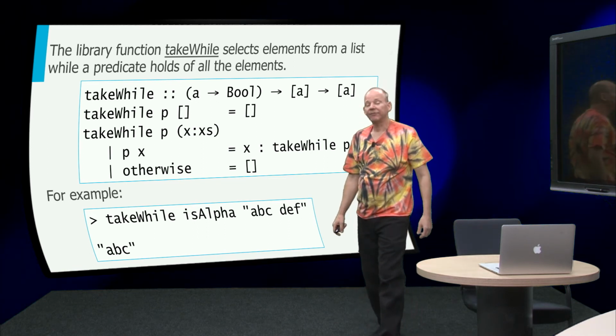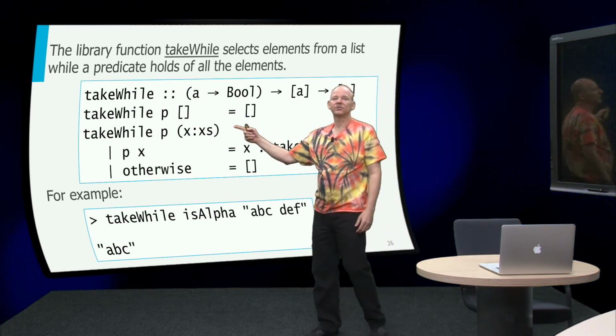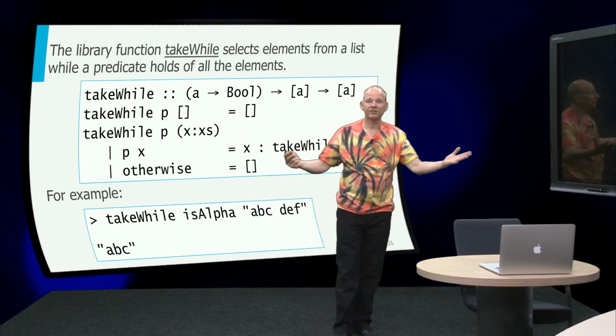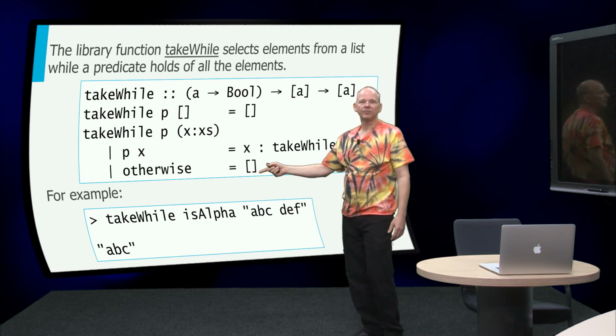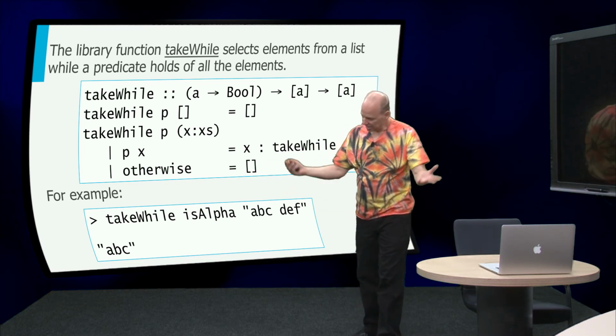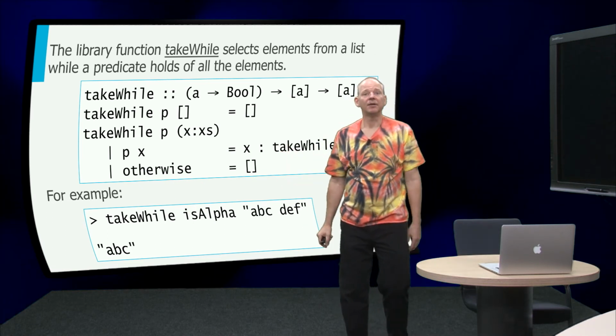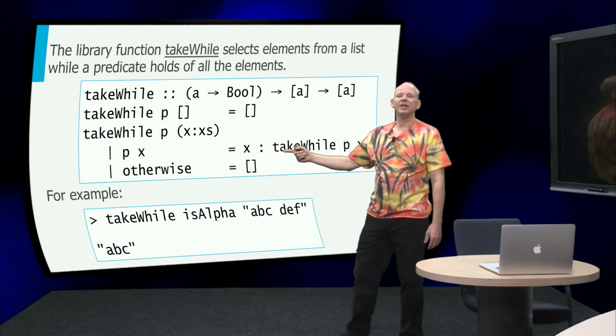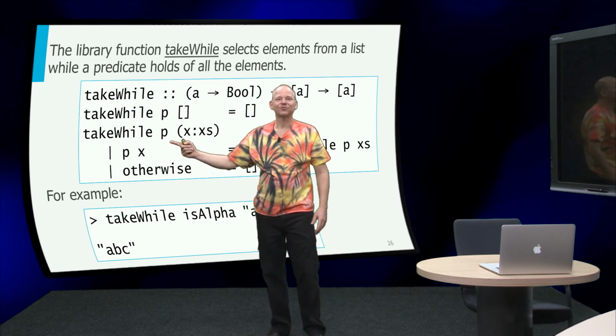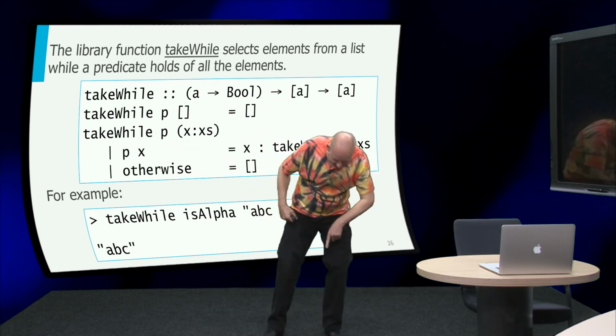In case we have a non-empty list, it looks like this, x cons xs, and now we have two cases. Either P of X does not hold, in that case we terminate the recursion by returning the empty list, and if P of X is true, there's no trapdoor here.